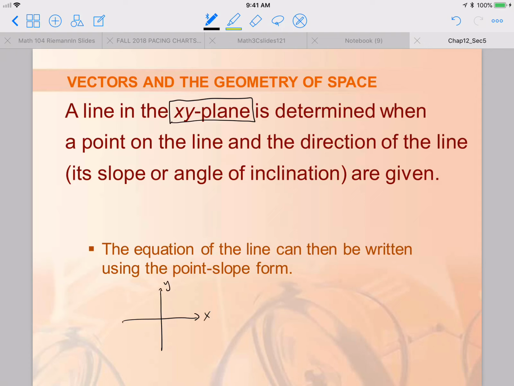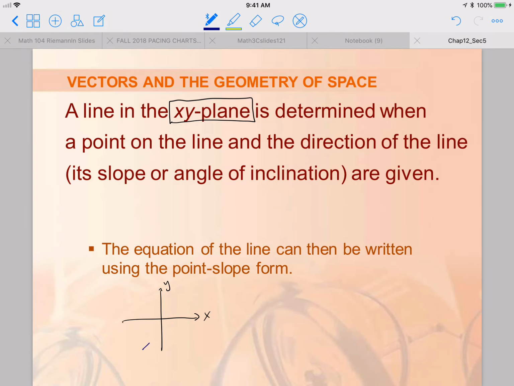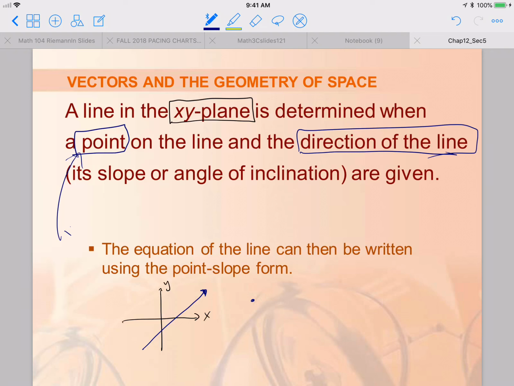And remember, back when we were just dealing with two dimensions, if we wanted to give the equation of a line, we just needed two pieces of information. One would be a point on the line, and the second would be the direction of the line. The way we gave a point would be x naught, y naught.